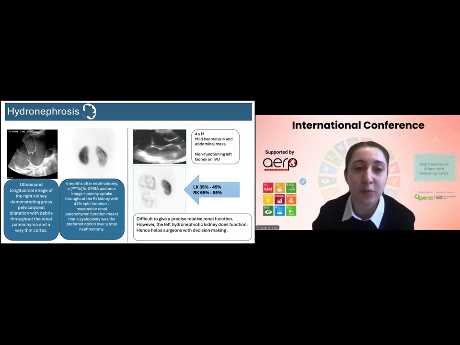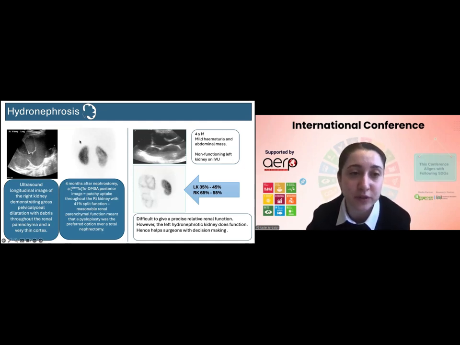And the last case I'll present today is hydronephrosis. This is essentially where there is fluid buildup within the kidney, so it is grossly dilated, and this again could potentially result in damage and loss of function of the kidney.